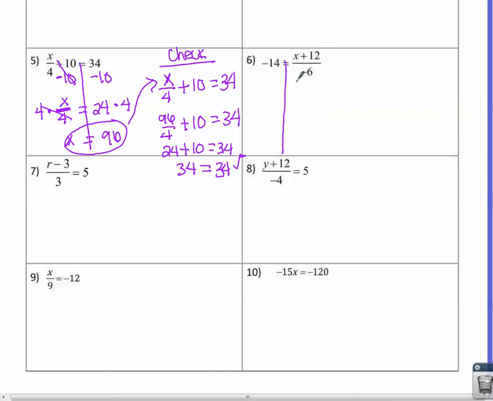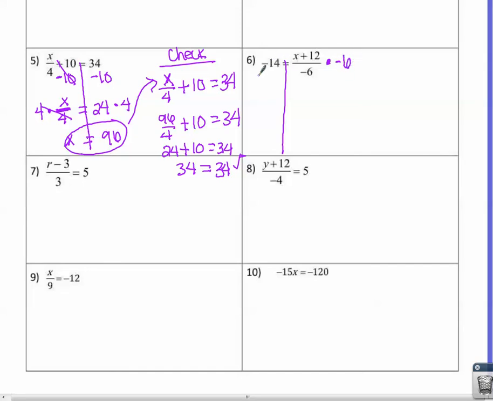Looking at number 6. In this case where you have x plus 12 in the numerator divided by -6, you need to move your denominator first. So this fraction bar again represents division. So the inverse operation is multiplication.